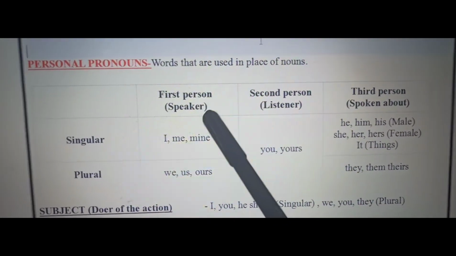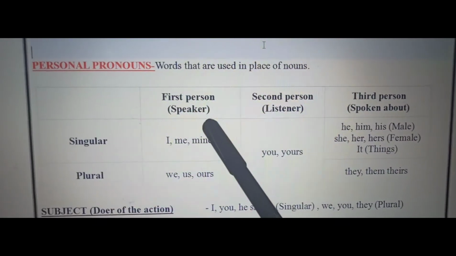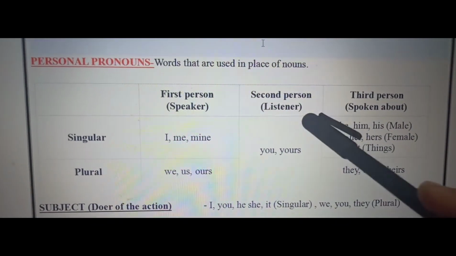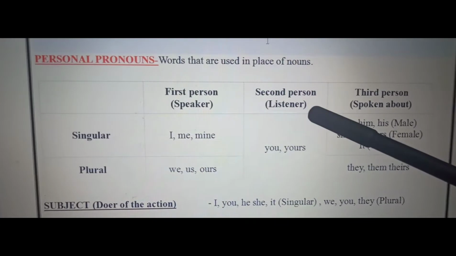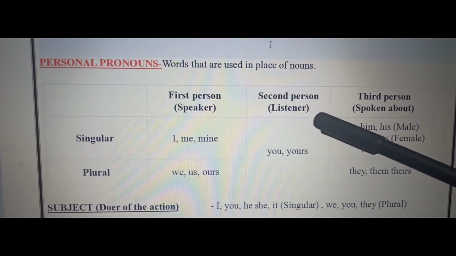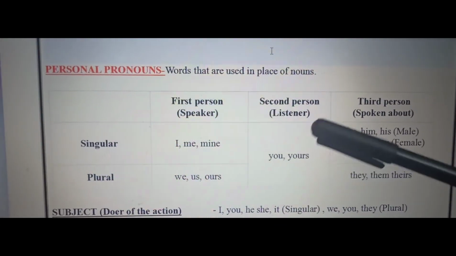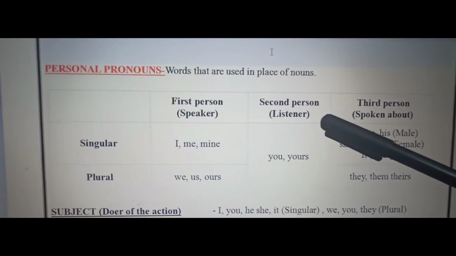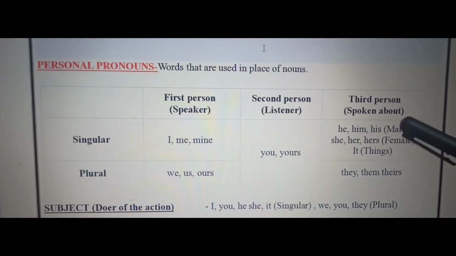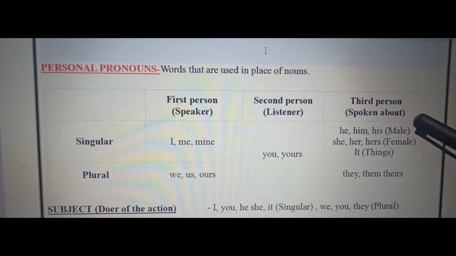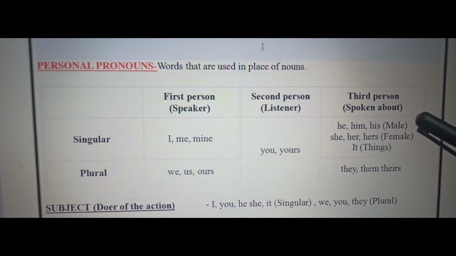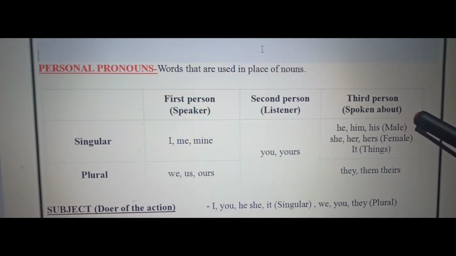Right now I am teaching you, so I am the speaker. The second person is the one who is listening, that is the listener. Right now you are listening to me, so you are the listener. The third person is the one spoken about, the one we are speaking about.